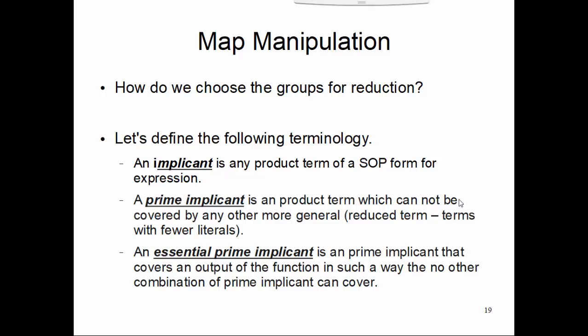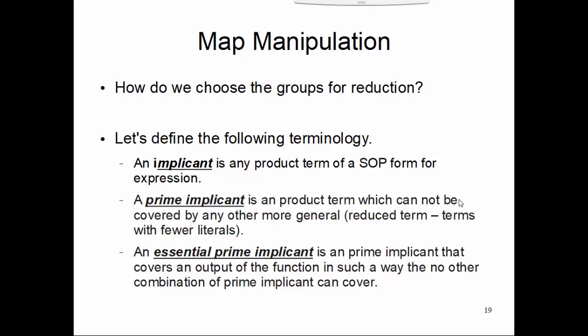As we have seen, if we group in twos, for a 4 variable function we usually get 3 terms, and a group of 4 we get 2 terms, and a group of 8 we get 1 term, something like that.